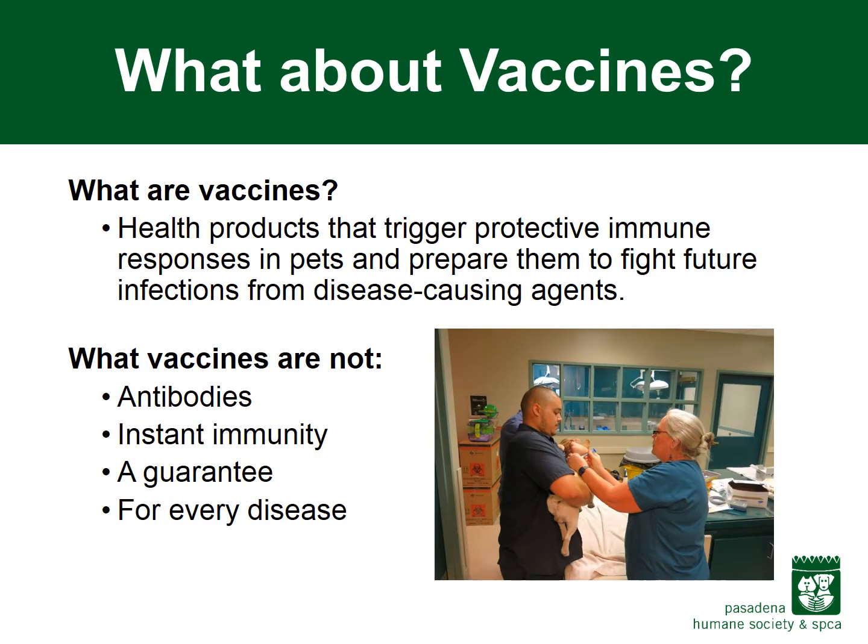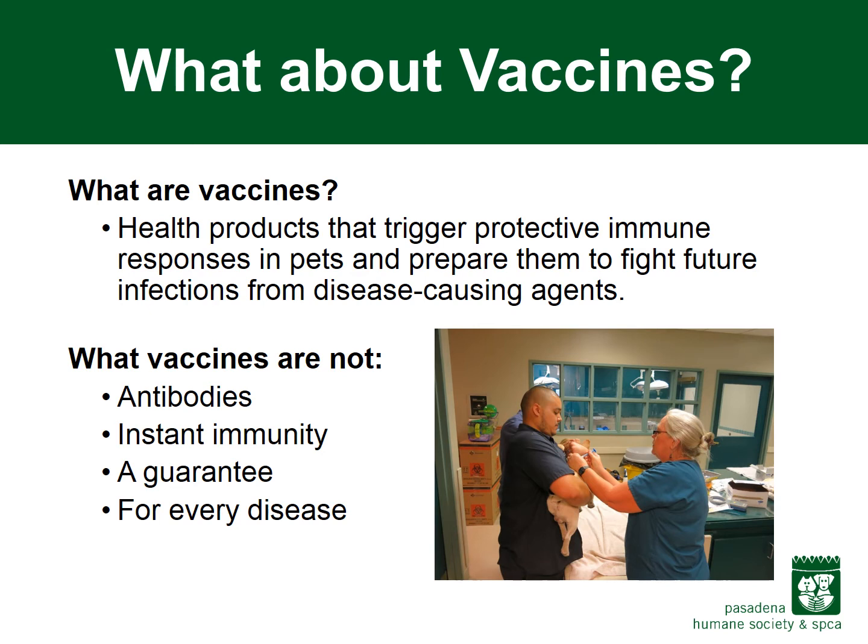What about vaccines? So what are vaccines? Vaccines are health products that trigger protective immune responses in pets and prepare them to fight future infections from disease-causing agents. So basically, vaccines prevent disease, and they build up the immunity within the animal to protect them against the disease.